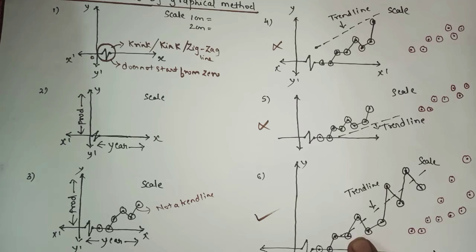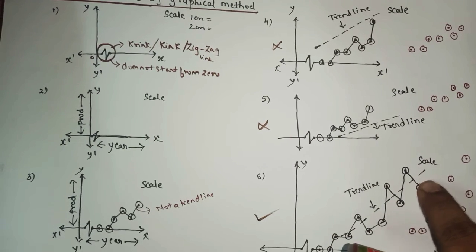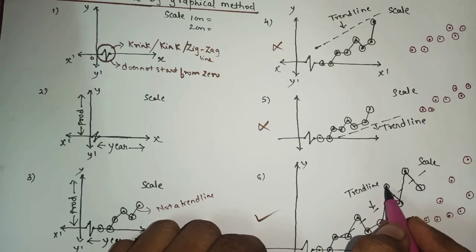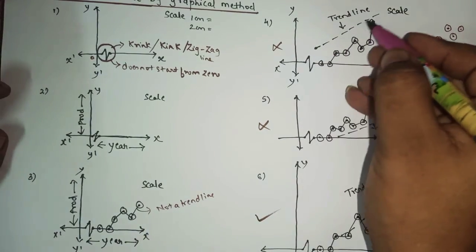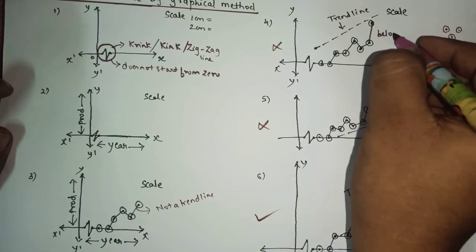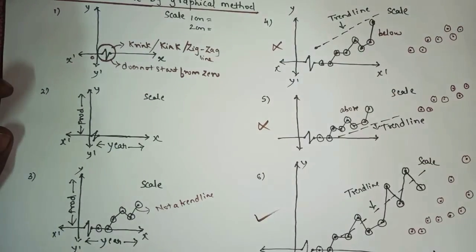That means you have to draw the trend line in such a way that some points lie above and some points lie below. You cannot draw a trend line so that all the points lie below or all the points lie above. This is the wrong way.